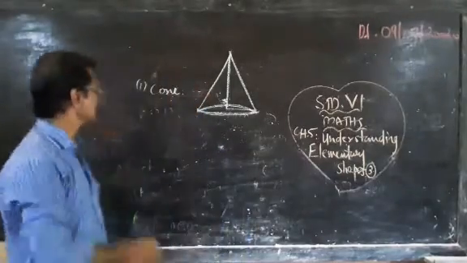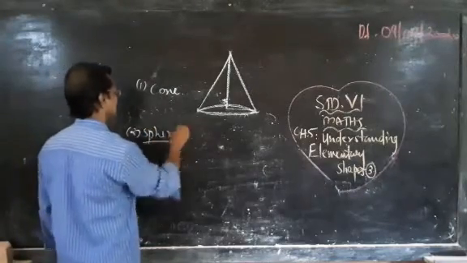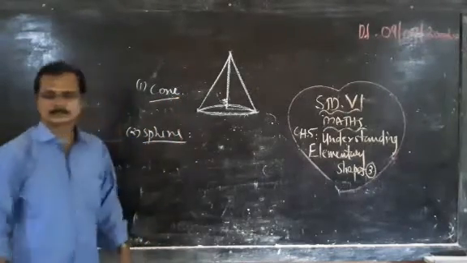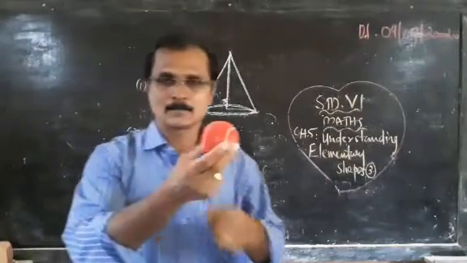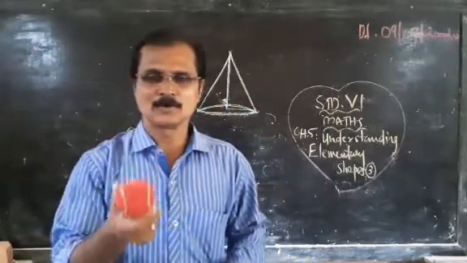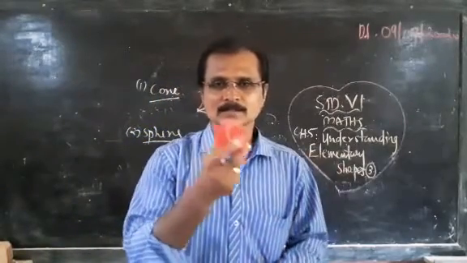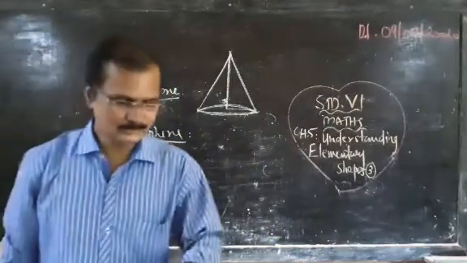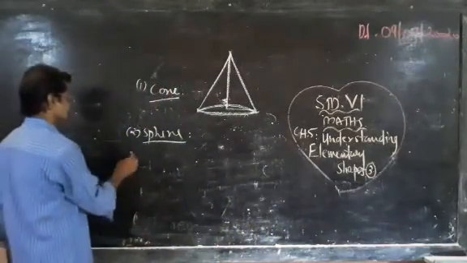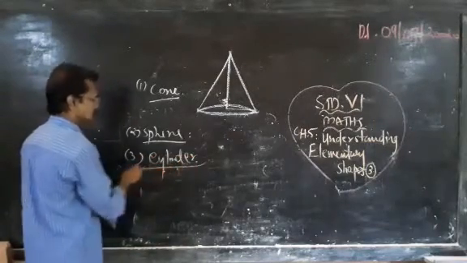Second one is sphere, S-P-H-E-R-E. Ball, tennis ball, football, basketball, our globe, all these are sphere shapes. Then third one is cylinder.